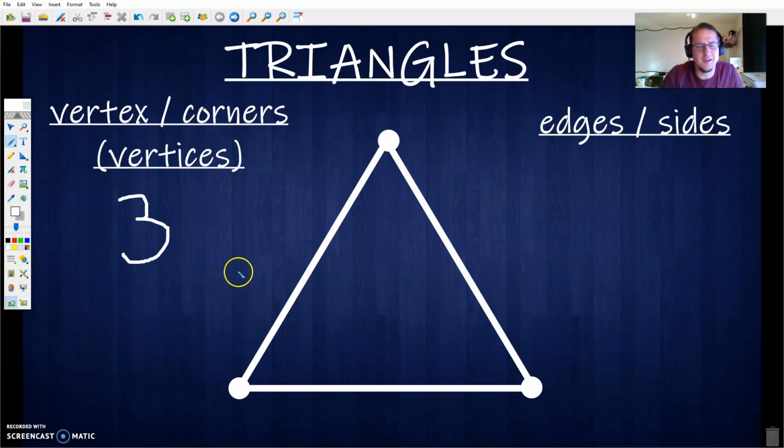And then edges or side. Well, okay, rewind. The corners are typically named with letters.